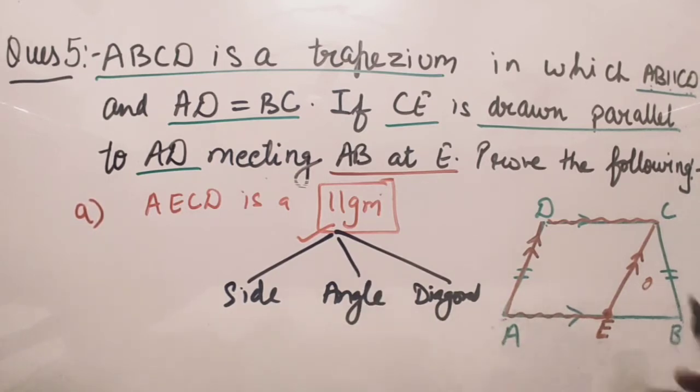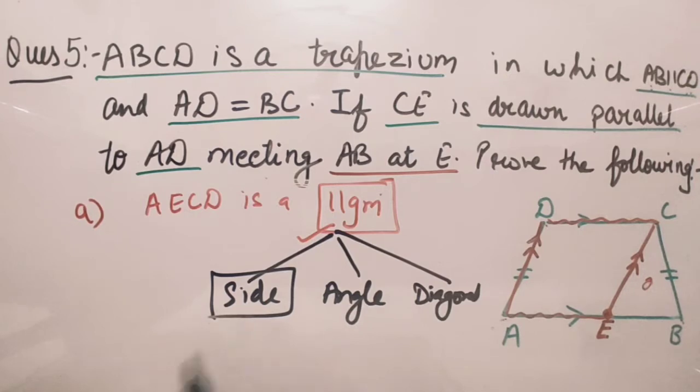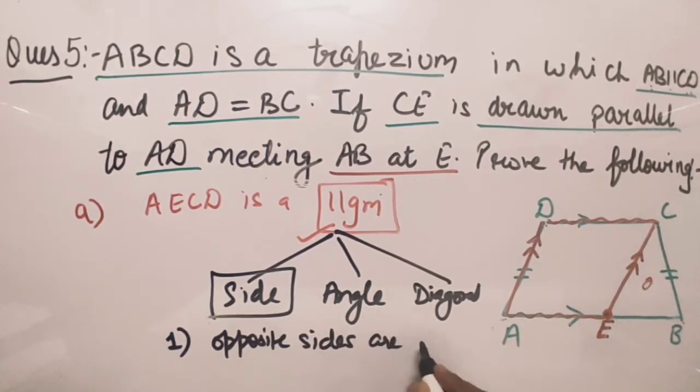Now as you can see here, angles are not given, diagonals are not given, so we simply switch to sides, right? Now when we come to sides, what features have we learned about sides in a parallelogram? The first feature that we have learned is that opposite sides are equal and opposite sides are parallel.